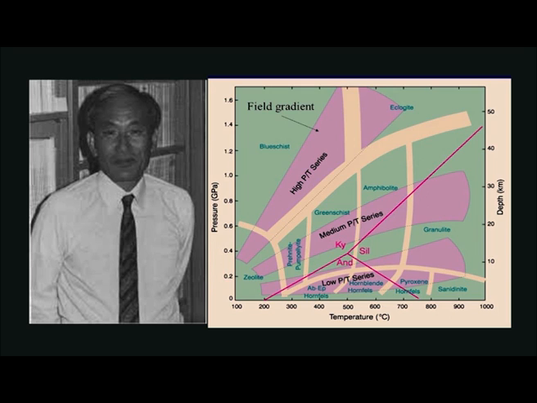Therefore, each facies series involves a definite regional distribution of temperature and pressure, or in other words, a definite geothermal gradient expressed in degrees Celsius per kilometer. Thus, in case of a higher geothermal gradient, a particular temperature is realized at a low pressure, whereas in case of a lower gradient, the same temperature operates under higher pressure.